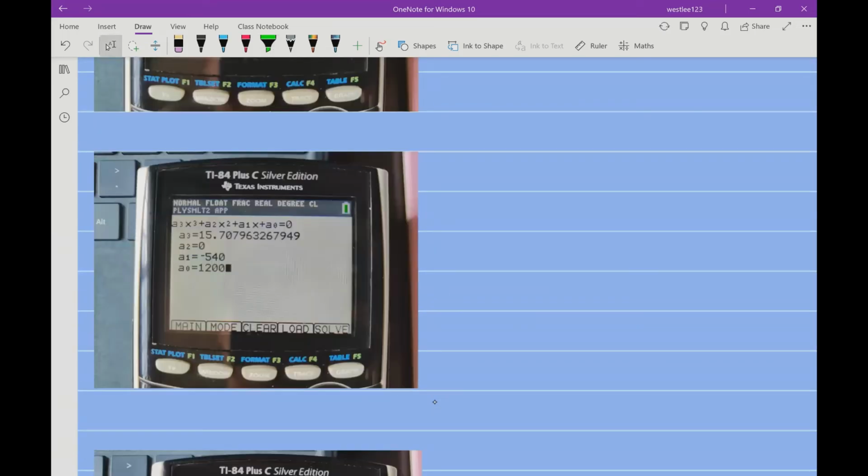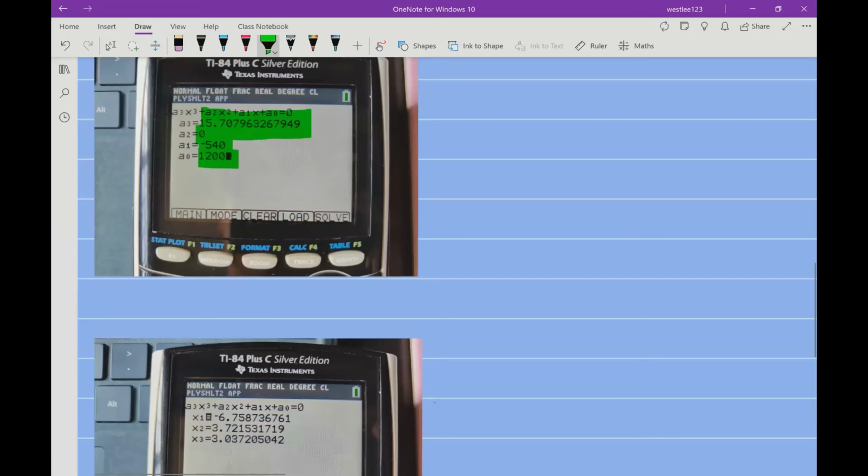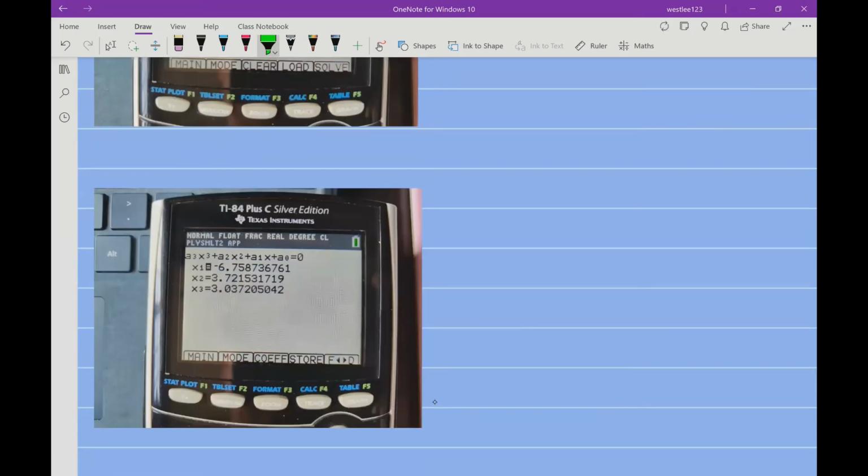Key in the coefficients. In this case, the coefficient of r cubed is 5 pi. If you key that in, you will get this long decimal. There is no r squared term in our working, so r squared is 0. Then the rest, you key in accordingly. And when you solve, you get these 3 solutions.